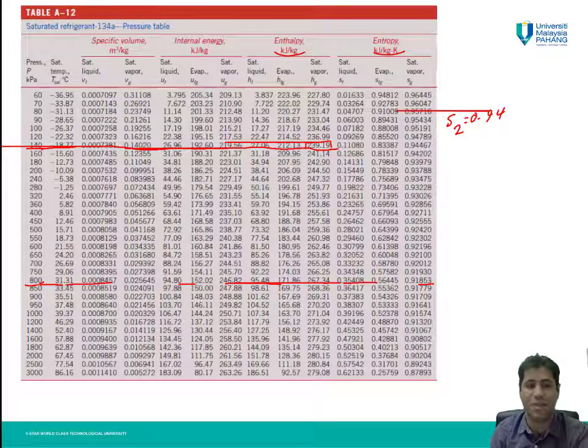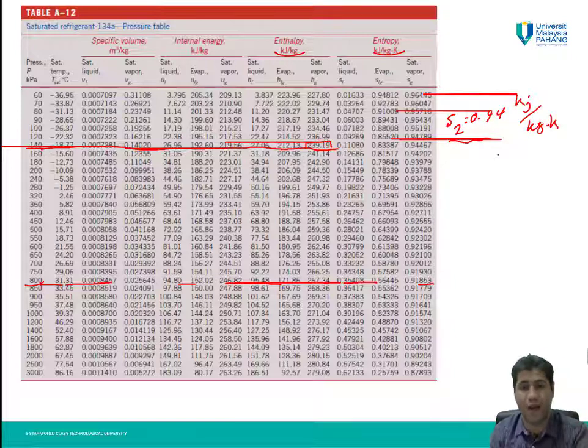But at this pressure, we can simply compare it with the entropy for saturated liquid and saturated vapor which we have in the table for this pressure.